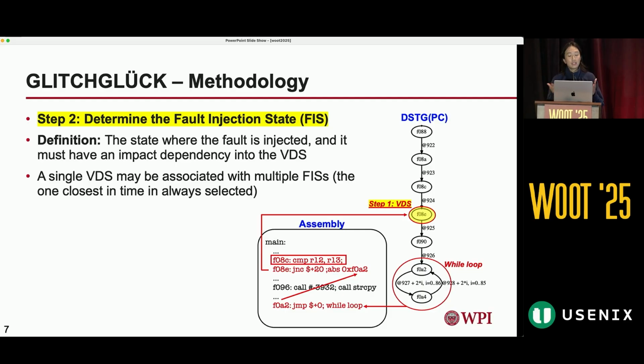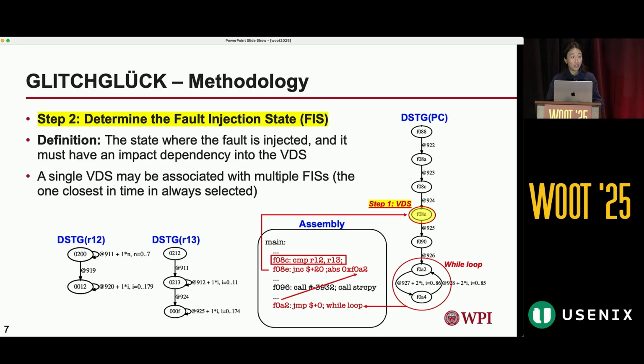As a traditional path, you could analyze this assembly further and find out what exactly is stored in R12 and R13. But you could also look at the DSTG of R12 and R13, and it would tell you exactly what values are being compared right before the jump happens. These are exactly the attack string size and the buffer size, compared inside these two registers.